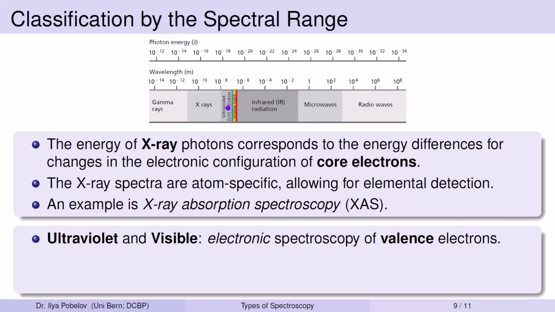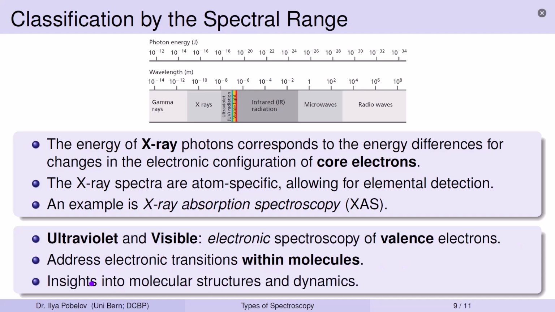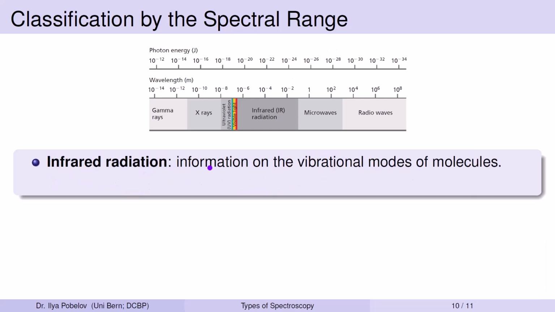Ultraviolet radiation and visible light regions are primarily associated with electronic spectroscopy involving valence electrons. These techniques address electronic transitions within molecules, giving insights into molecular structures and dynamics. Infrared radiation provides information on the vibrational modes of molecules, as exemplified by infrared absorption spectroscopy.